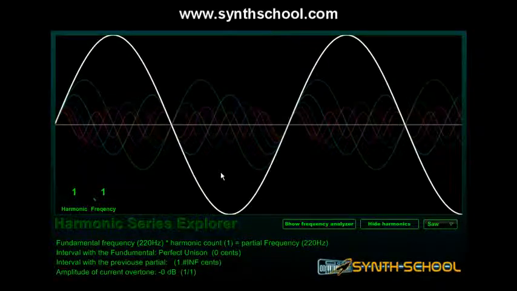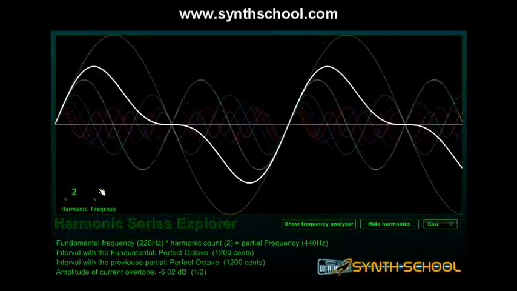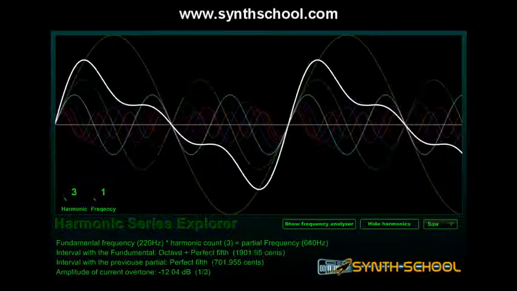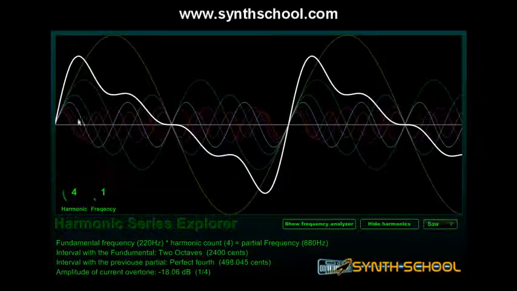Let's see how a saw wave is constructed from many sine oscillators by adding them one by one. Let's start with the fundamental frequency, and now we add the second harmonic, third harmonic. As you can see, there are 3 sines here, and it's starting to resemble a saw shape. We are going to add this harmonic here.